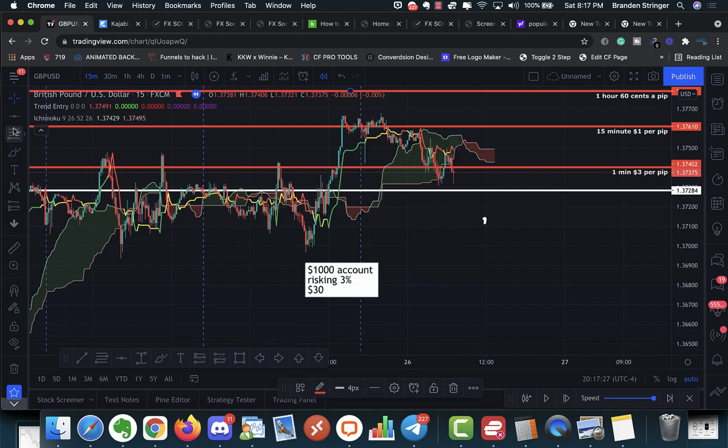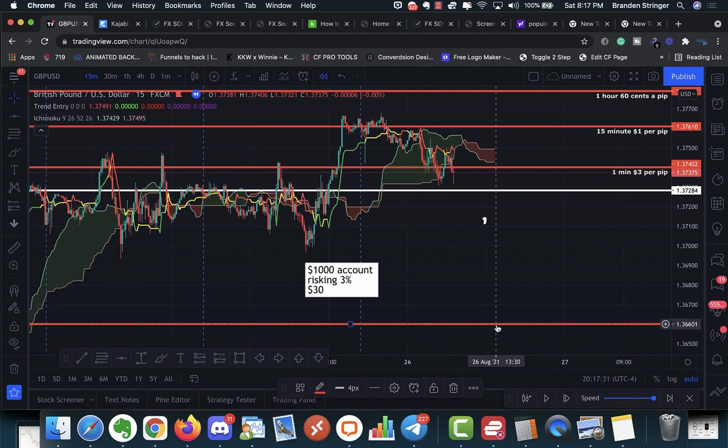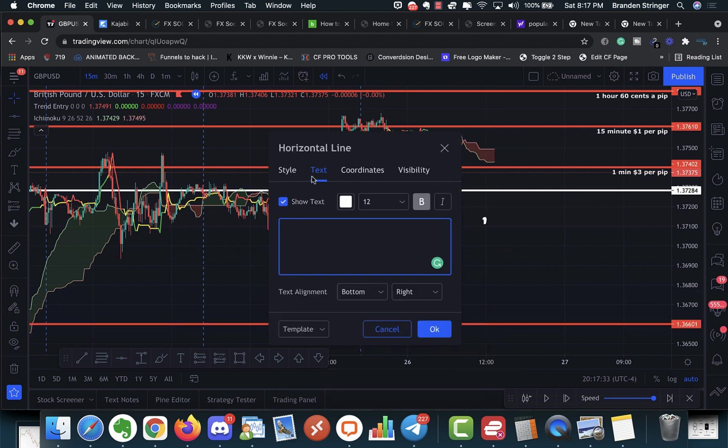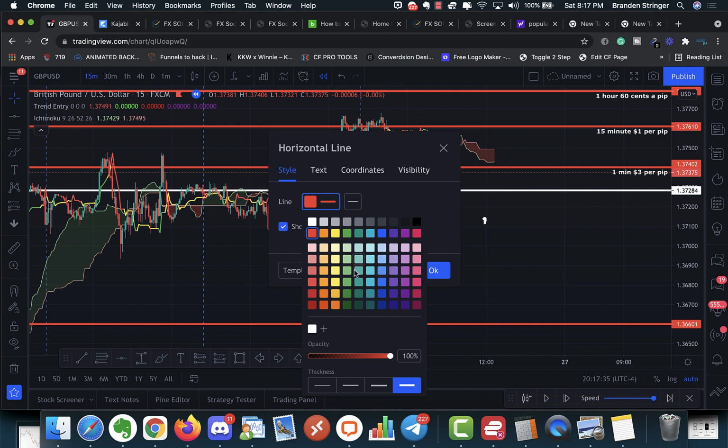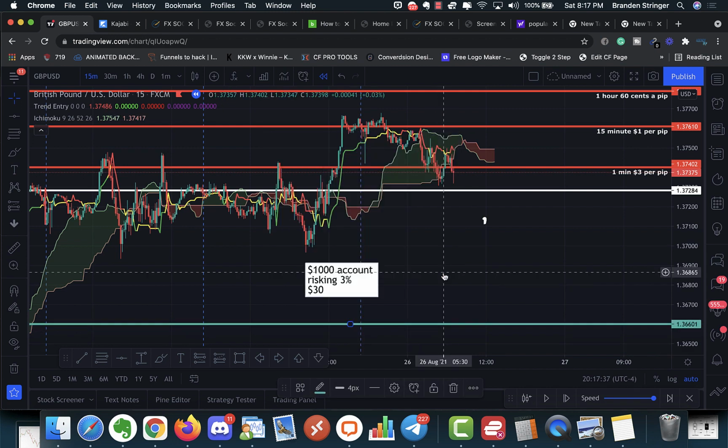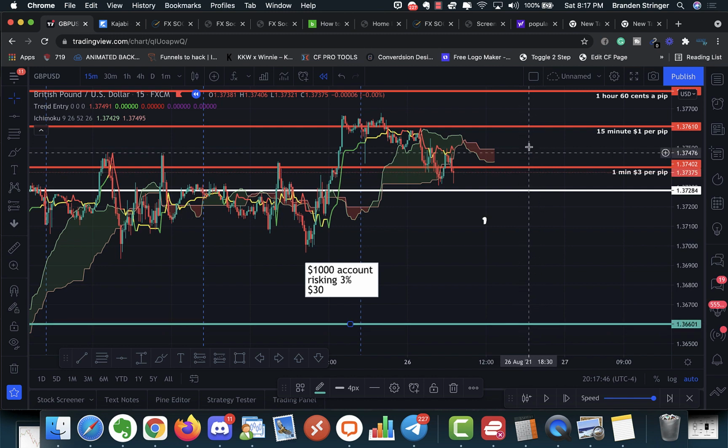So if all three of these have the same take profit down here somewhere, just for example purposes, then this tightest stop loss will make you more money because you got $3 a pip. So if this was like 100 pips, we made $300. Since this is $1 a pip, we made $100.